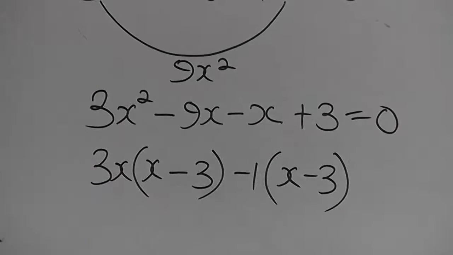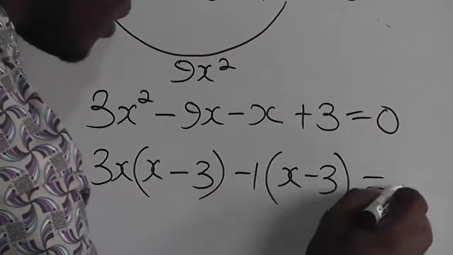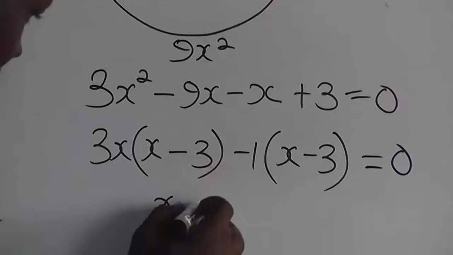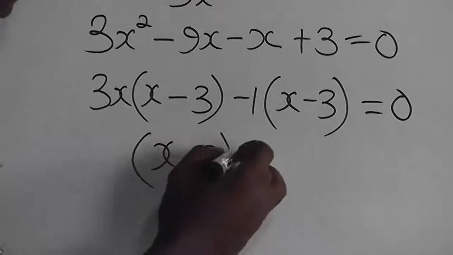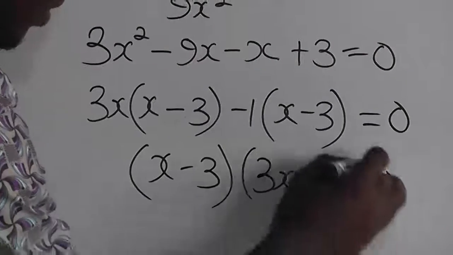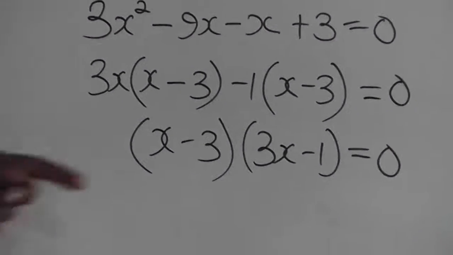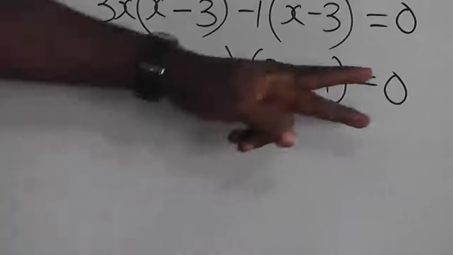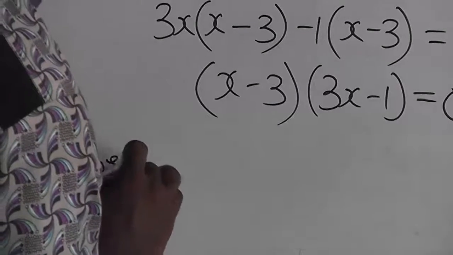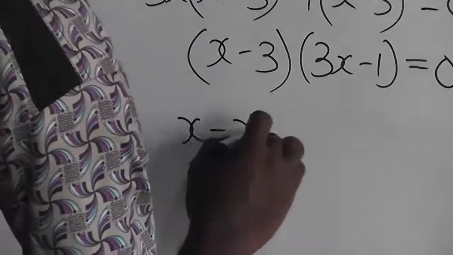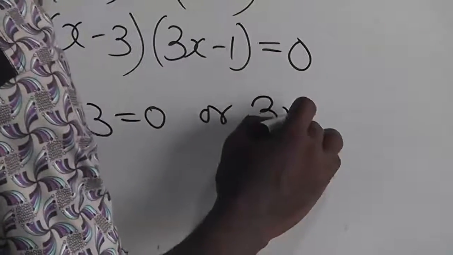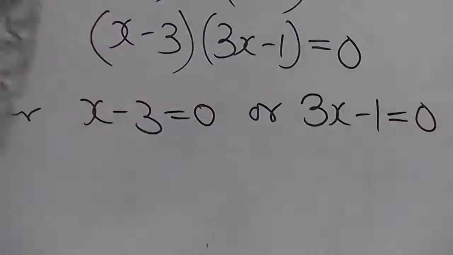If they are different, it means that that factorization is wrong. Equal to 0. So you pick one bracket x minus 3 into bracket 3x minus 1 is equal to 0. So for the product of these two brackets to be equal to 0, it's either x minus 3 is equal to 0 or 3x minus 1 is equal to 0.